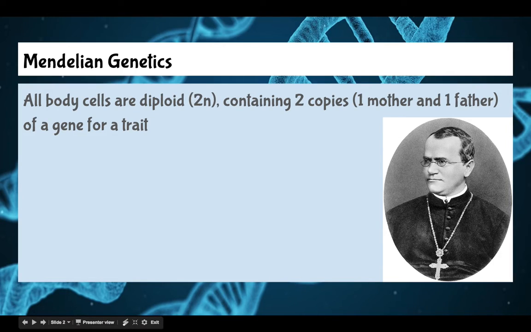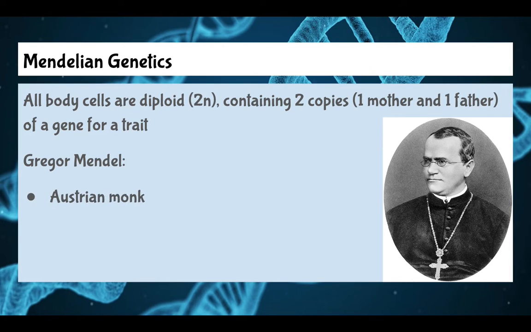So Gregor Mendel, this gentleman in the corner, was an Austrian monk, and he worked with pea plants in the garden. During the time of Gregor Mendel, people were well versed in lots and lots of fields of study. So he was a mathematician, he was a biologist, he was all of these different things.